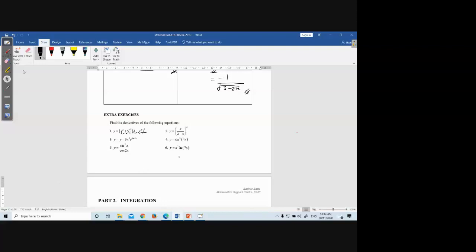But in order to differentiate the first term here, we apply the chain rule. Now let's differentiate this. Let u be x squared plus 5 cubed, and v be 4 minus x squared power 4. So what is v prime?